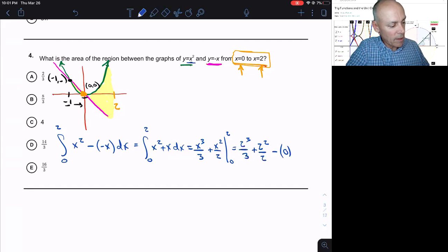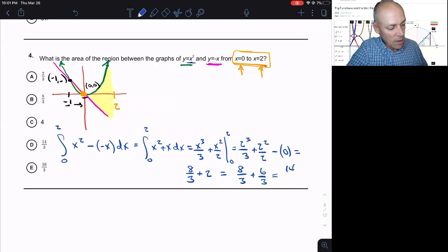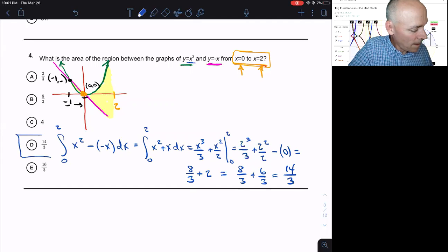So then to simplify this, hopefully we get an answer that matches. 2 cubed is 8, so that's going to be 8/3 plus 2 squared is 4 over 2, which is 2. So if I write that as 8/3 plus 6/3 equals 14/3. Yay! So that is answer choice D. Okay?